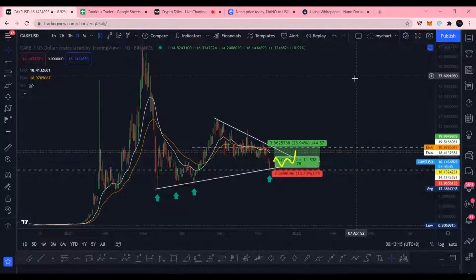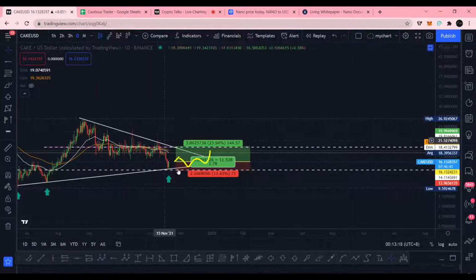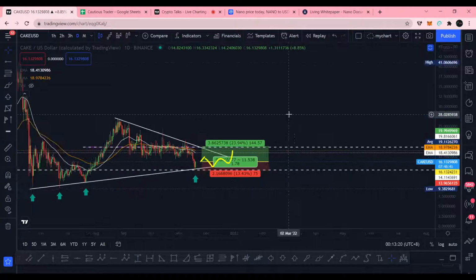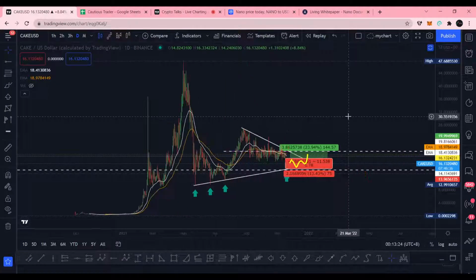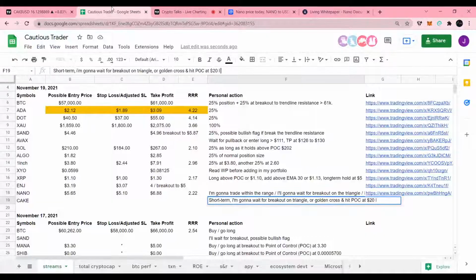Long term, I should have bought it at 14. And possible TP, of course, the $47. Sayang hindi natin nakita. Long term, syempre, buy and hold to TP of 47.